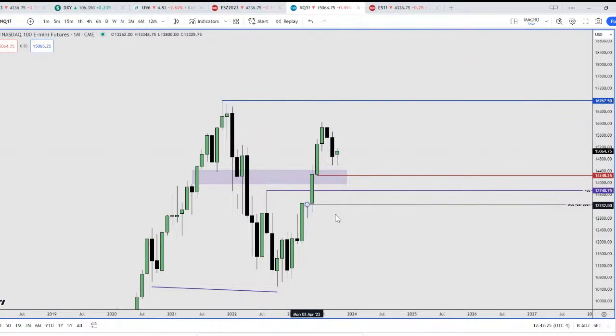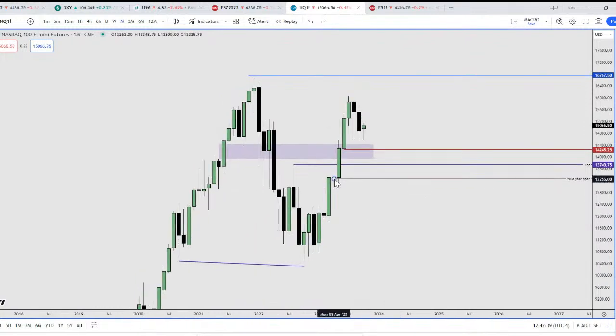What would invalidate this idea, I think, is if we start to trade below the true year opening price. So far, as you can see right here, it's spending very little time down here below the true open.